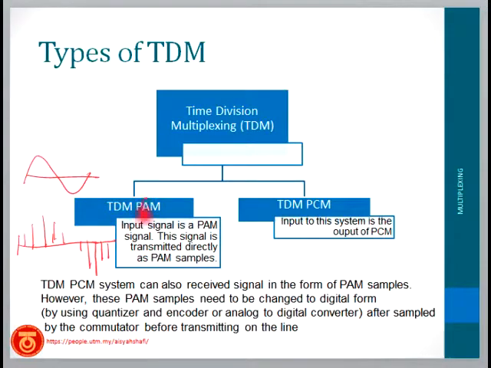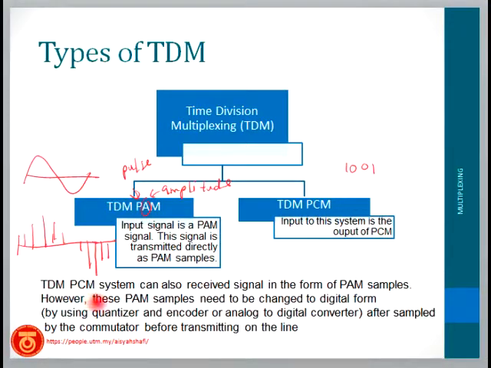So this A refers to amplitude. This is pulse amplitude modulation. So it's like this, and PCM is the coding 0, 1, something.